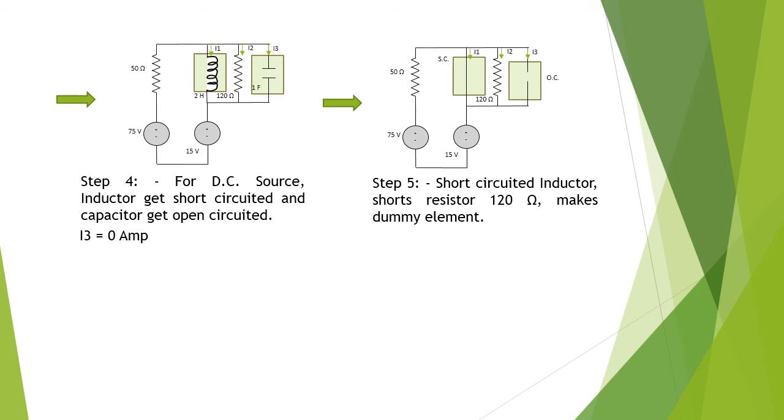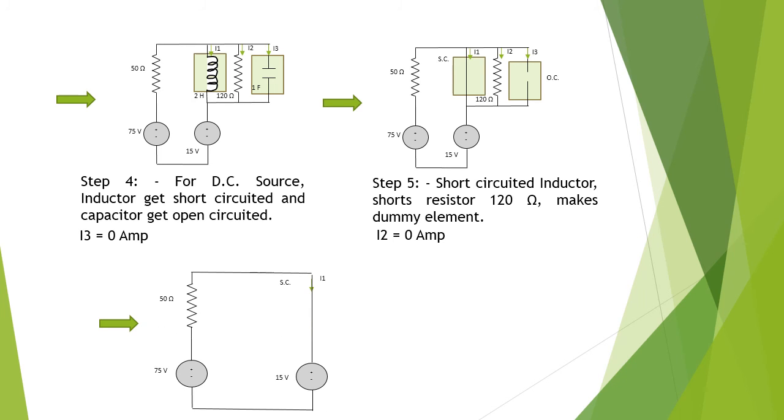So I2 is also equal to 0, as there is no current passing through that resistance; the 120 ohm becomes a dummy element. Therefore the current passing through that resistance is also 0. This is the new circuit after replacement of the resistor and capacitor.